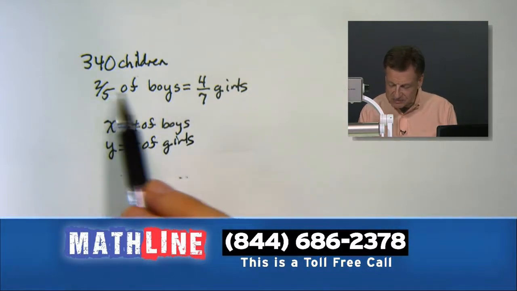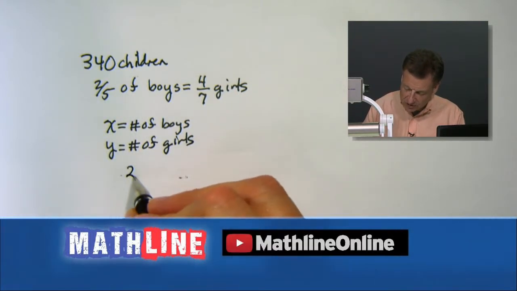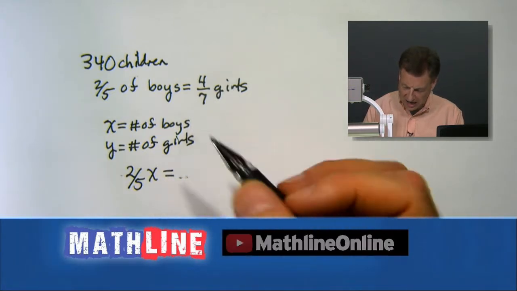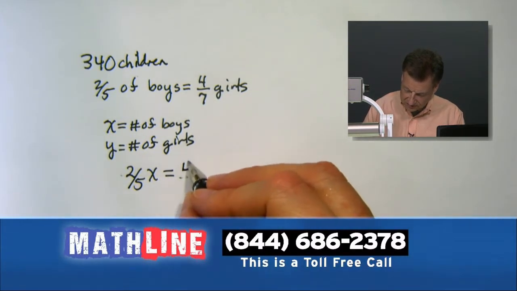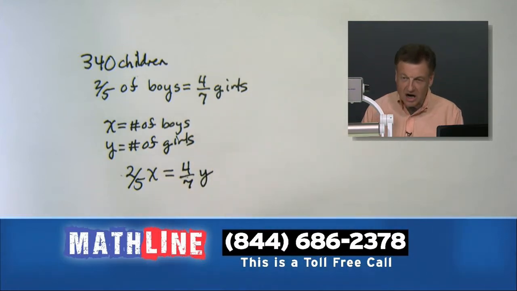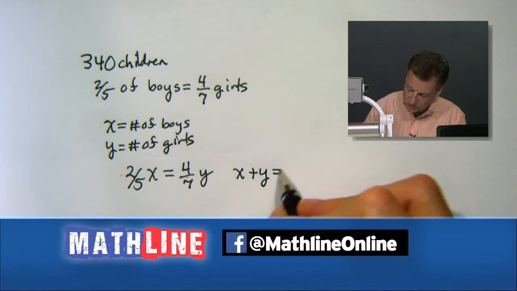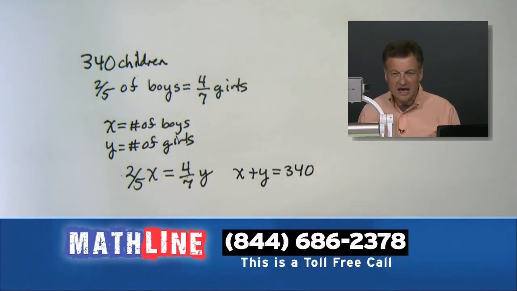And from what it sounds to me, it says 2/5 of the boys. I'm looking at 2/5 X equaling 4/7 of Y. Does that make sense? All right. And also the other equation I'm going to use is X plus Y equals 340. And we will finish this one at the end of the show.